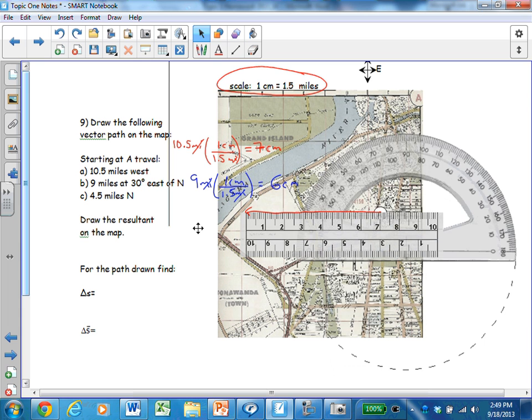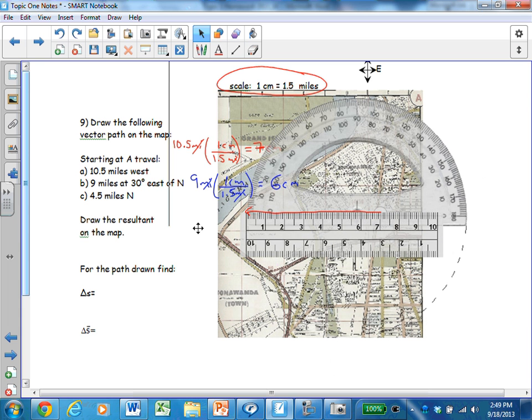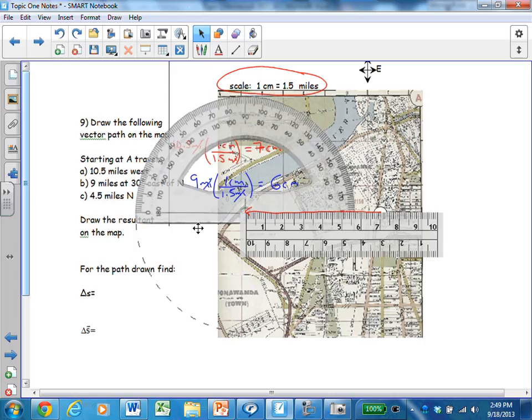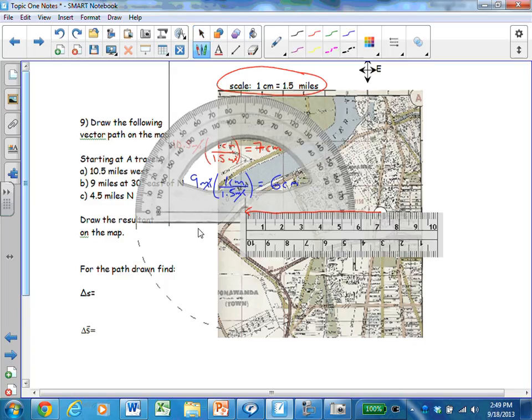Now I'm going to take that because we add vectors head to tail. So we're starting here at the head of that one, and I'm going to put my new tail there. But it has to go at 30 degrees east and north. So that 30 degrees east and north is going to be, here's north, so 10, 20, 30. You see what I did there? There's north, 10, 20, 30 degrees east of north.